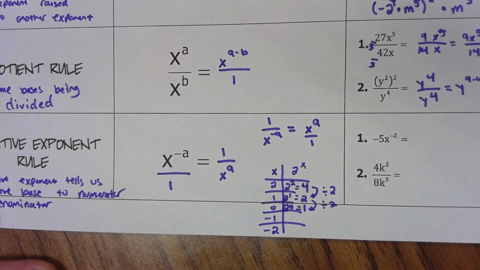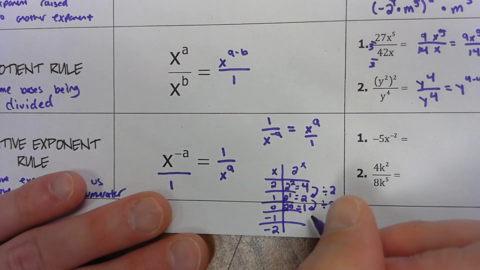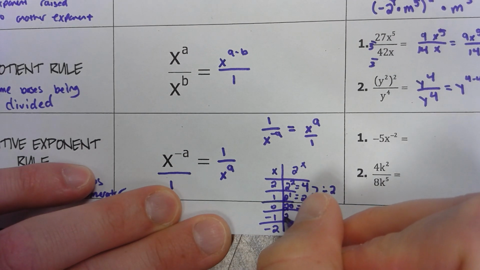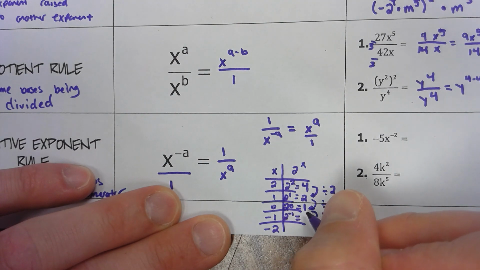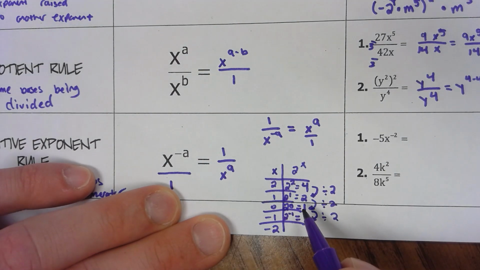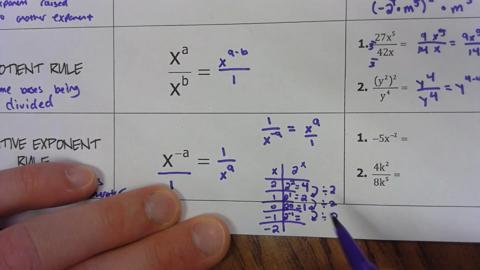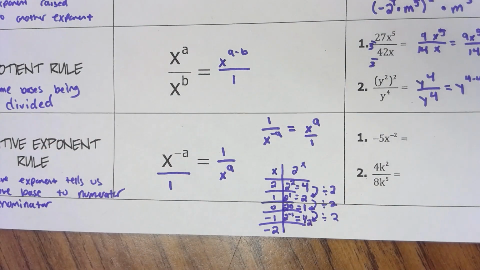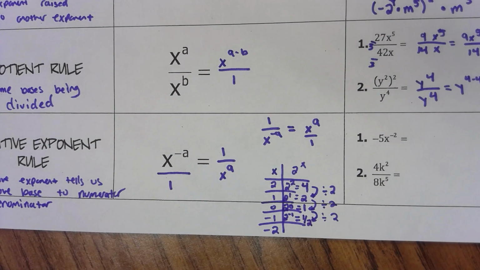So if that continues to where the exponents now become negative, and I get 2 to the power of negative 1, well, I'm taking that 1, which was the value I got from 2 to the power of 0, and dividing that by 2. 1 divided by 2 is 1/2.